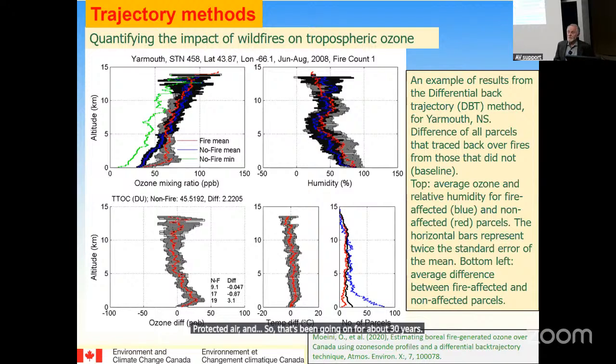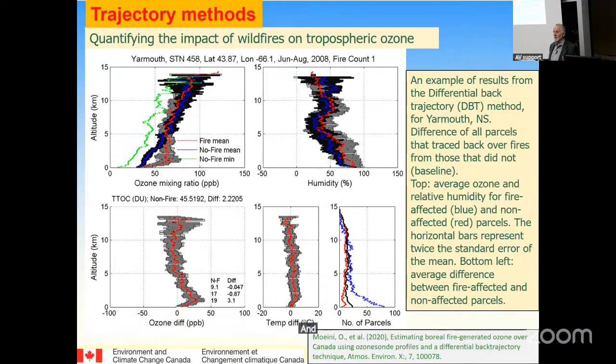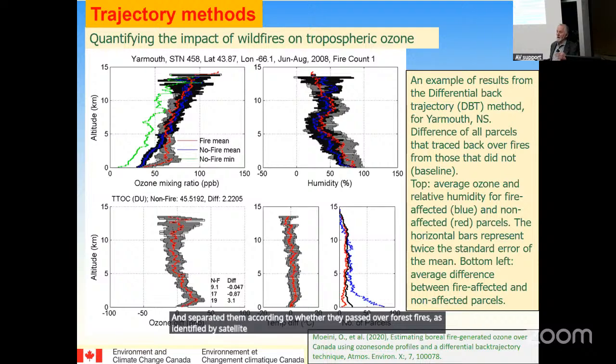We also use similar methods to try and understand the influence of forest fires. There's a lot of ambiguous evidence about whether boreal fires produce ozone. So what we did was we separated trajectories. We ran a lot of back trajectories from ozone sonde profiles and separated them according to whether they passed over forest fires, as identified by satellite measurements, and those that didn't.